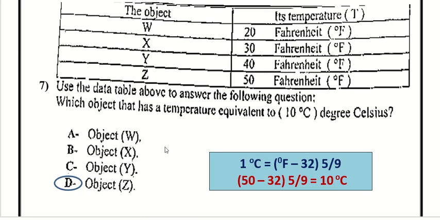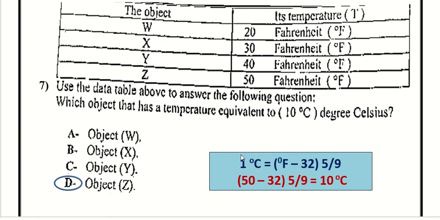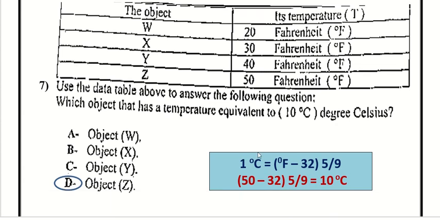Use the data table above to answer the following questions. Which object has a temperature equivalent to 10 degrees Celsius? We have 4 values and we have to convert all of them from Fahrenheit into Celsius to get the correct one. But we can guess it according to the data represented.